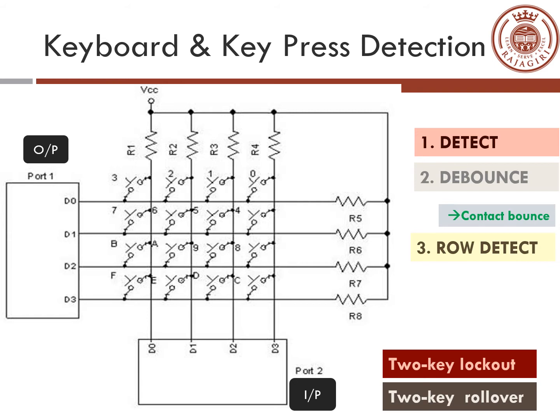So once we do this, we can find out which row and which column has been shorted together and determine the code for that key. And that value is stored. So that's the procedure for the matrix keyboard operation.